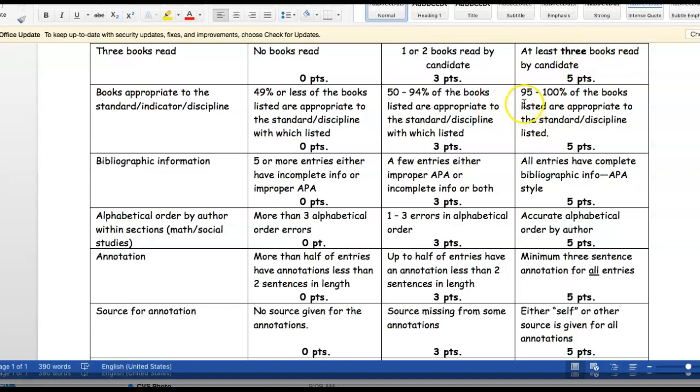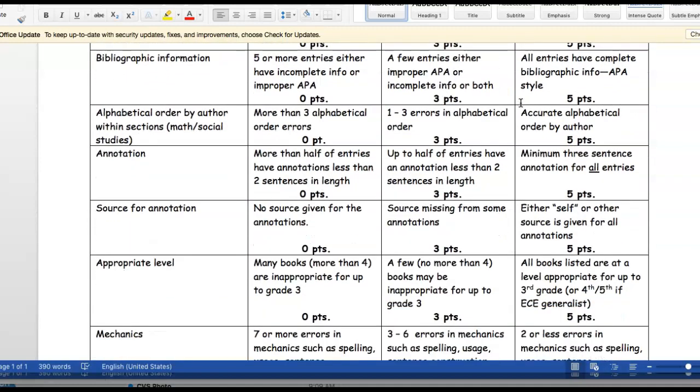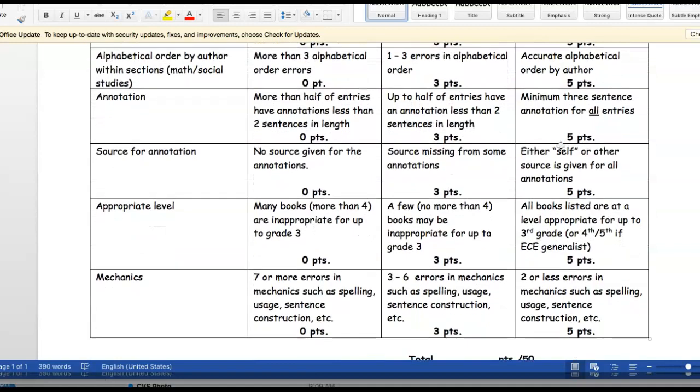The books need to be appropriate for your standard, your indicator, your discipline. You need to make sure that you have your entries in APA form. And you're going to be alphabetizing them by author within the section of math, social studies, and science.